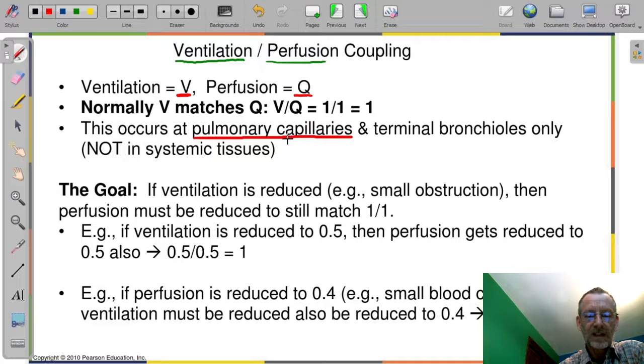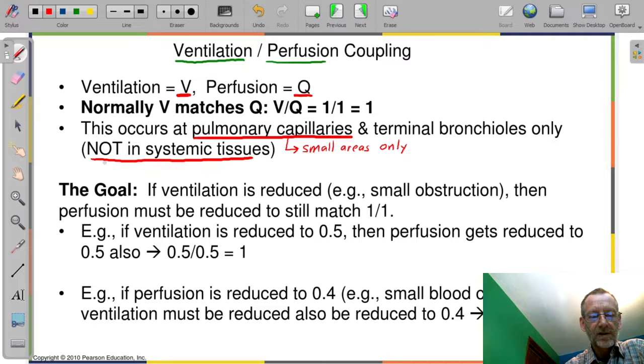So we're not talking about the entire lungs. So small areas only. So there's some adjustment that goes on. And the other thing to note, and remember, is that this is not what's occurring in the systemic tissues, out in your fingers and your toes and everywhere else.